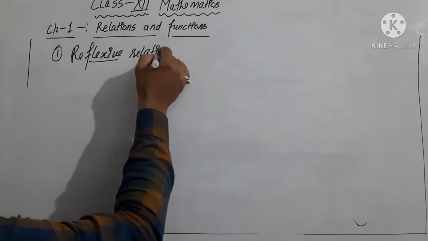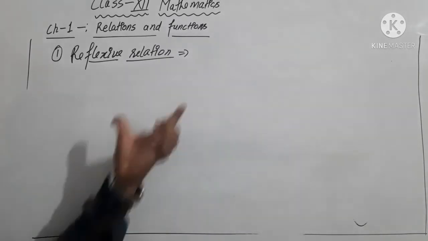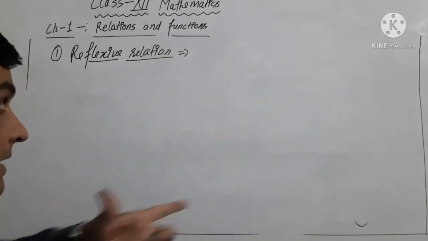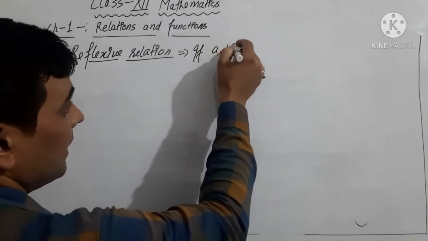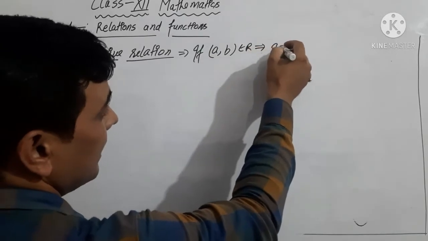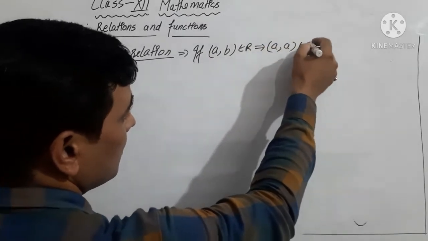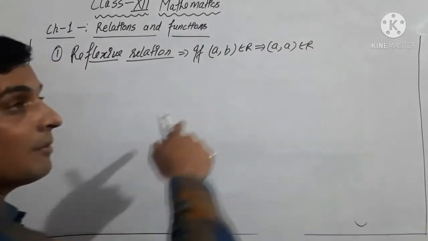What is a reflexive relation? A relation will be said to be reflexive if for every value of A, B belongs to R, this should imply that A, A also belongs to R. If A comma B belongs to R, this should imply that A comma A belongs to R.